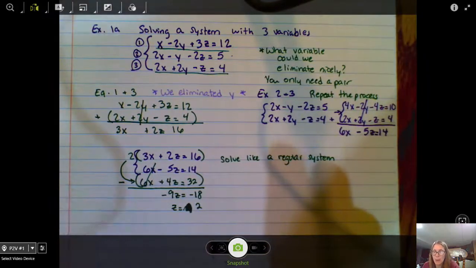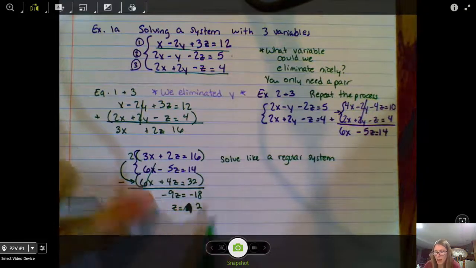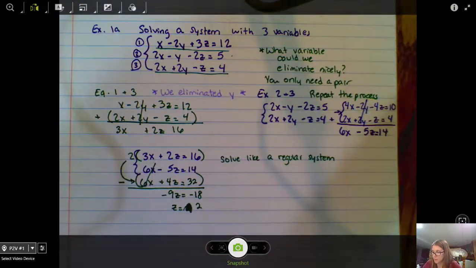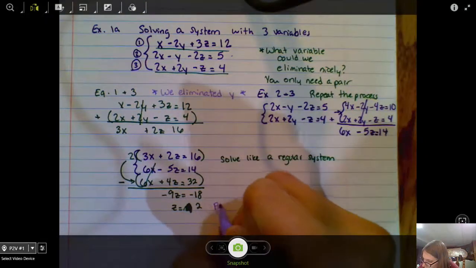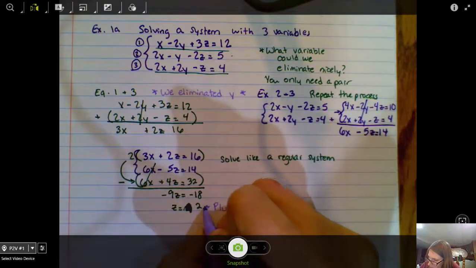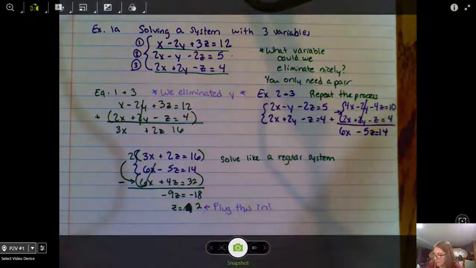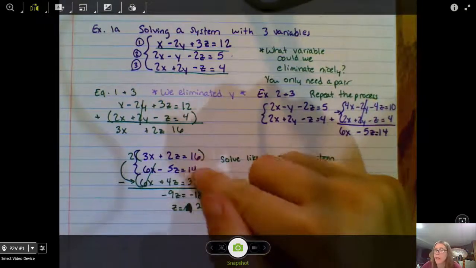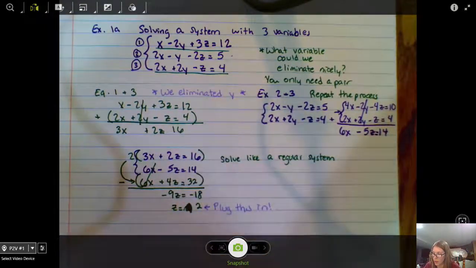All right, we got one variable, so this is good. I know z equals 2. I can plug this in now into either of my two equations that I was working with.